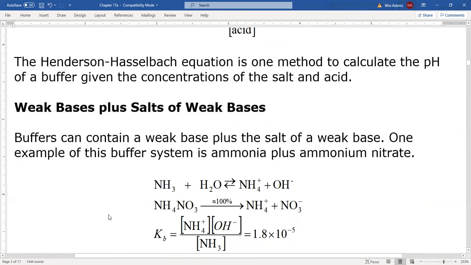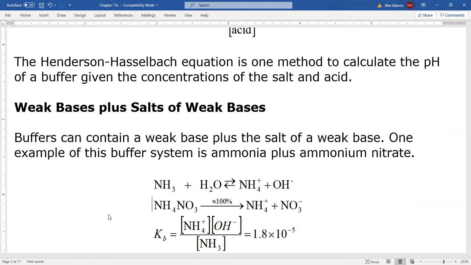Now, if we have a weak base, it works pretty much the same way, except you have a weak base plus a salt of that weak base that contains the conjugate acid. A good example would be ammonia with ammonium nitrate.